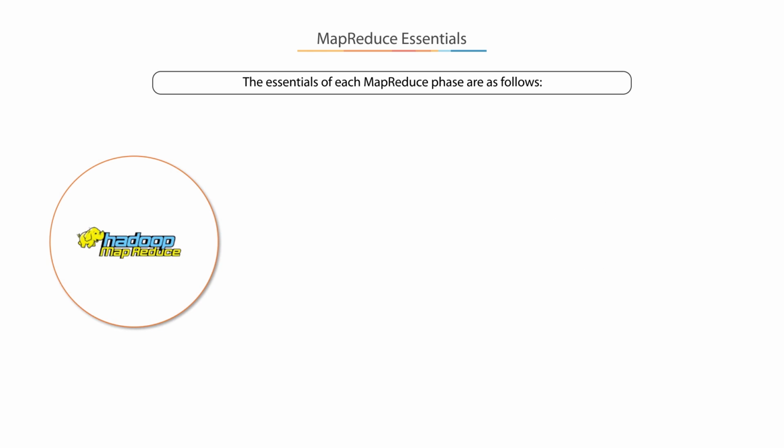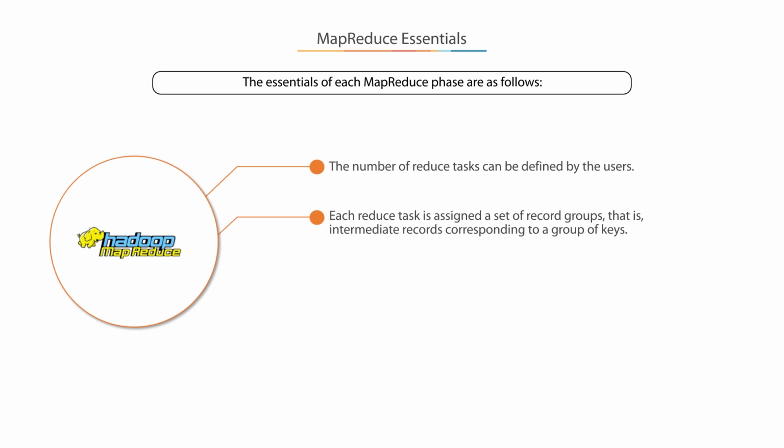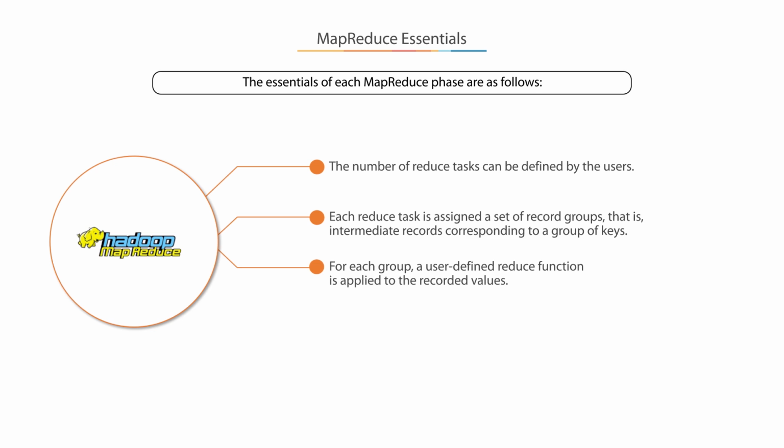The essentials of each MapReduce phase are as follows. First, the number of reduce tasks can be defined by the users. Second, each reduce task is assigned a set of record groups, that is, intermediate records corresponding to a group of keys. Third, for each group, a user-defined reduce function is applied to the recorded values.